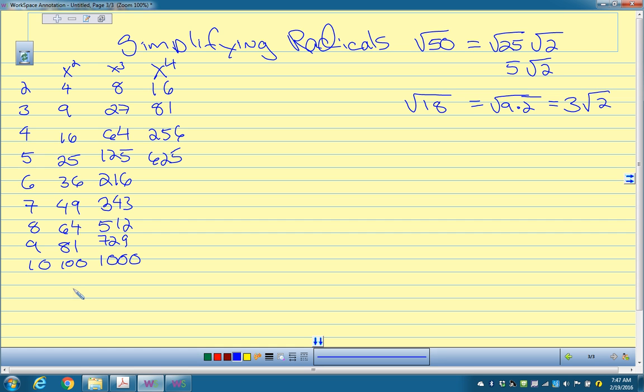So let's simplify some more radicals. What if I have something like this? Simplify the radical, square root of 40x squared. Meadow, wake up. What perfect square is in 40, Meadow?